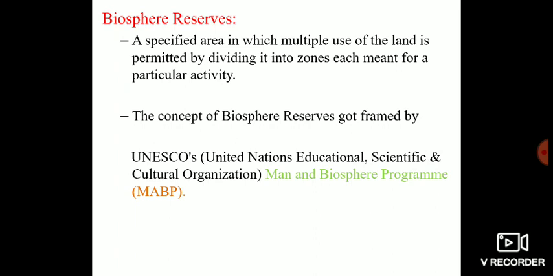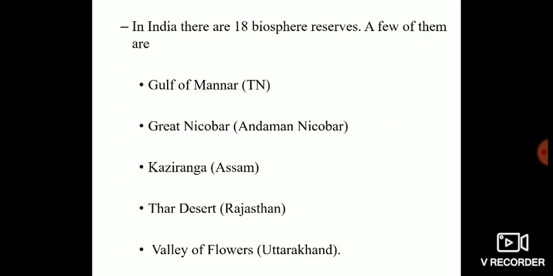The concept of the biosphere reserve got framed by UNESCO's Man and Biosphere Program. It was UNESCO, which is an international organization, that through its Man and Biosphere Program gave rise to the concept of biosphere reserves. In our country, we have some 18 biosphere reserves.